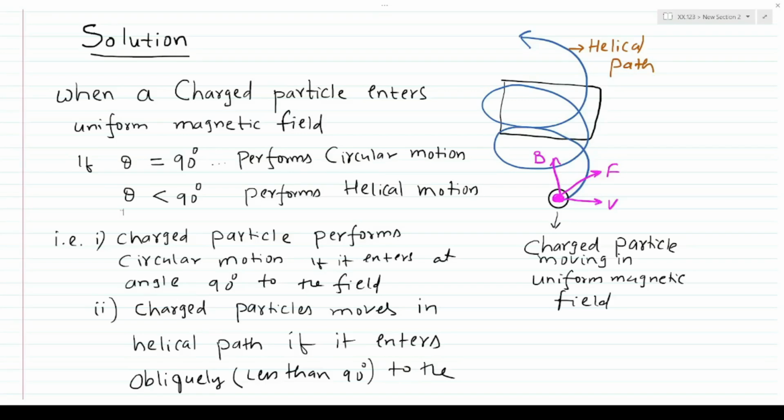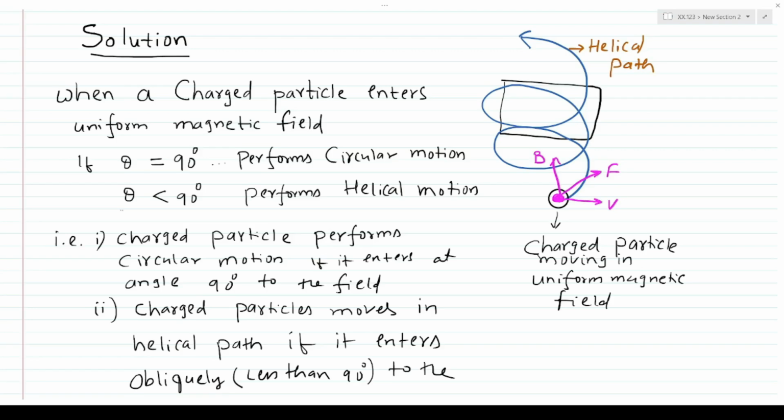Here is the solution. When a charged particle enters uniform magnetic field, if theta equals 90 degrees, then the charged particle performs circular motion, and if theta is less than 90 degrees, the charged particle performs helical motion.